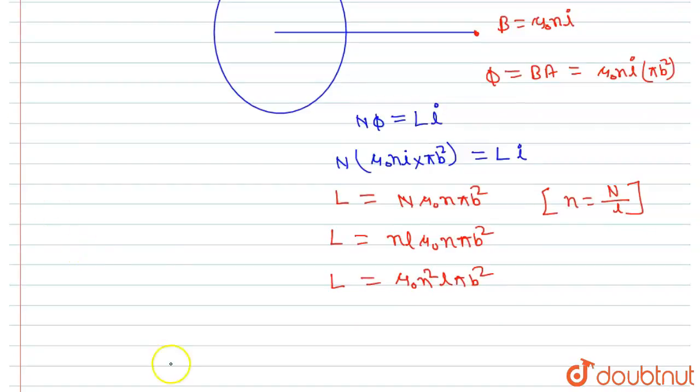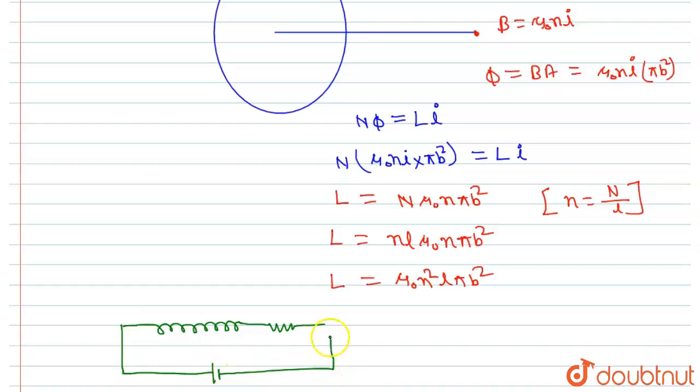Now we can draw the equivalent circuit. So if we draw the equivalent circuit, this is the coil, this is a resistance, and this is the constant applied voltage. Clear? And current I is flowing in this circuit.